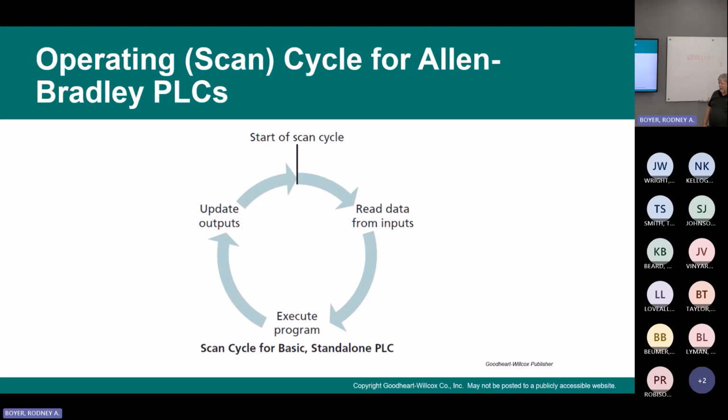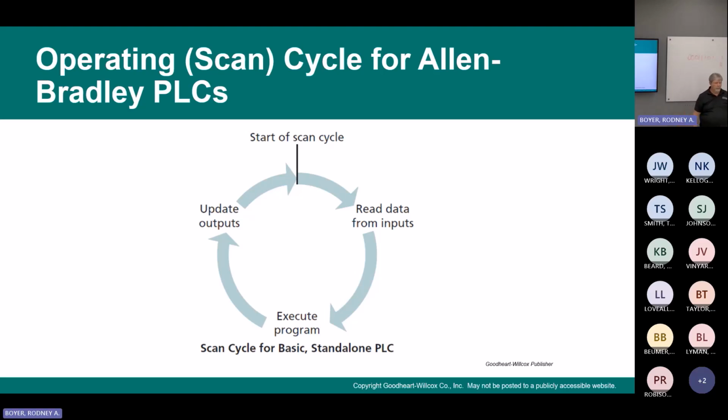Operating or scan cycle for Allen Bradley PLC. This is important. Whenever the controller is processing your user program, the very first thing it does is go look at the status of all the inputs.